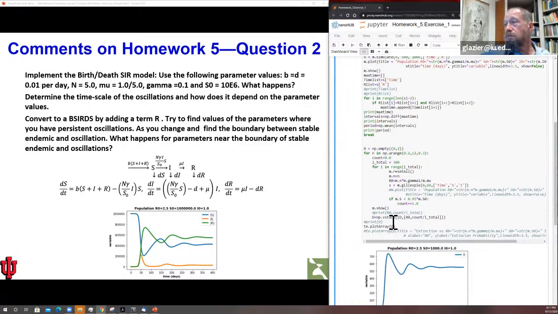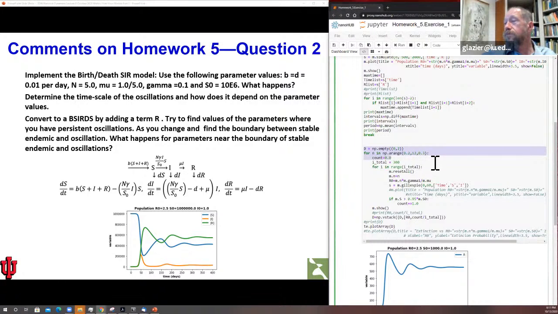Now, I want to use the code that I wrote here to see how that value that I care about changes as a function of various parameters. So I said, what happens on parameter values? So let's just do one example here, and then you can go home and try it on your own.